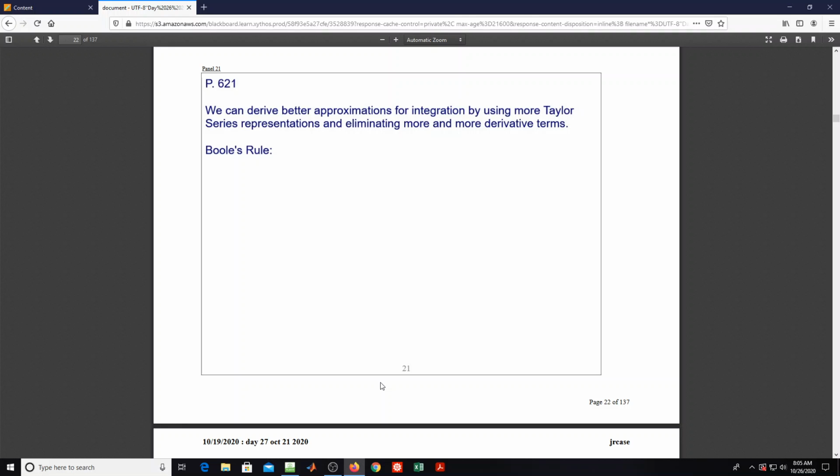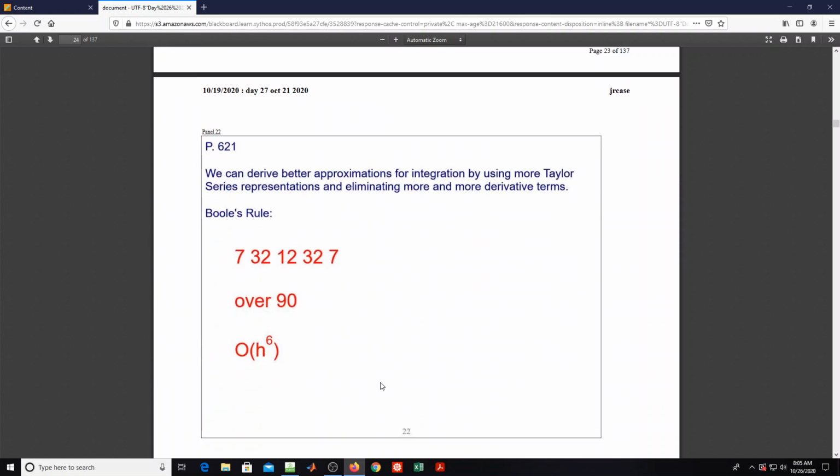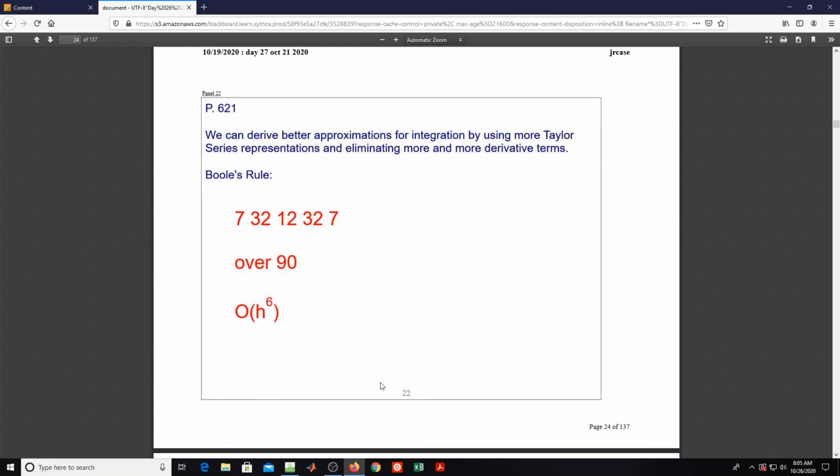We talked about how you can even derive better Taylor series representations. There is something called Boole's rule, where you take 7, 32, 12, 32, 7 as your weights and divide by 90, and now that's O(h^6), so you can get more and more accuracy given a subinterval.